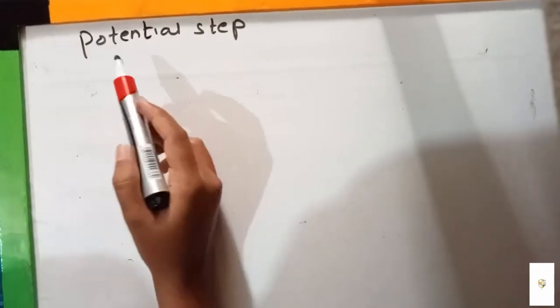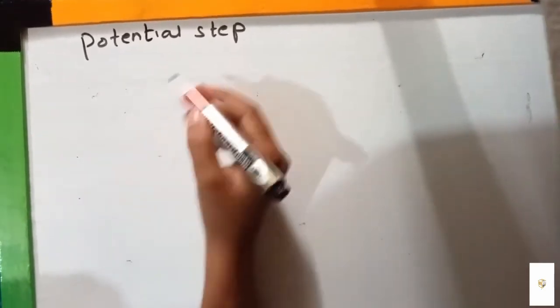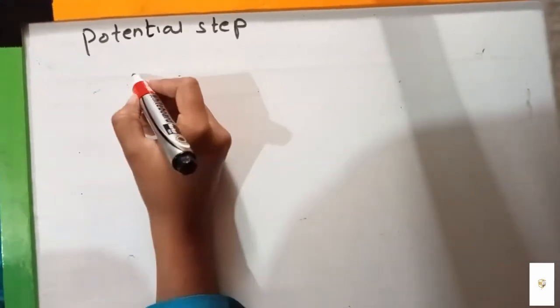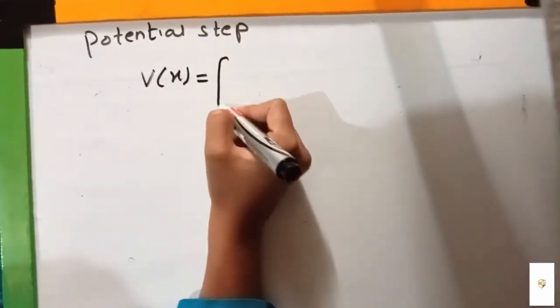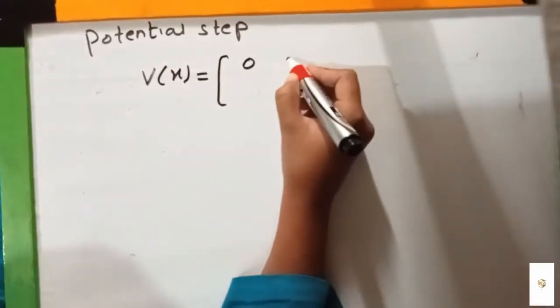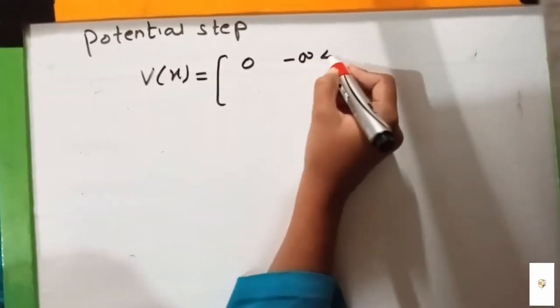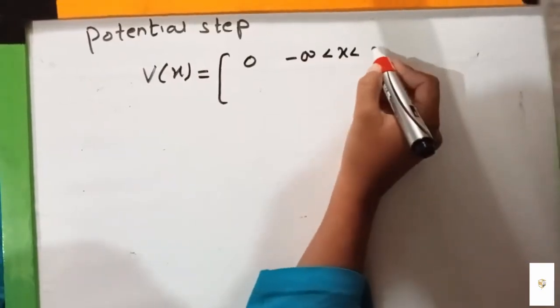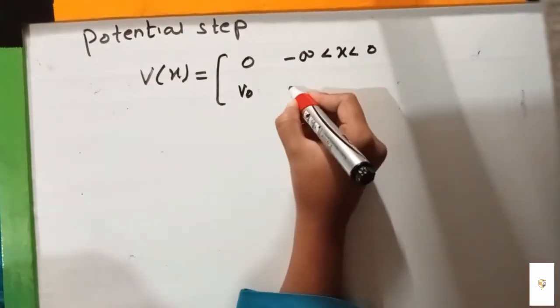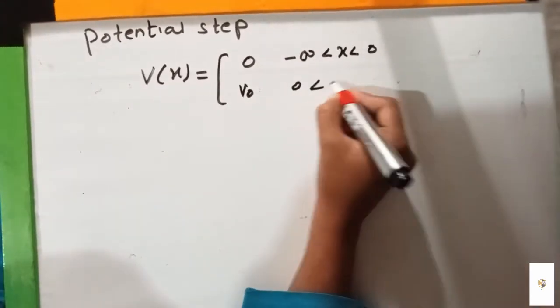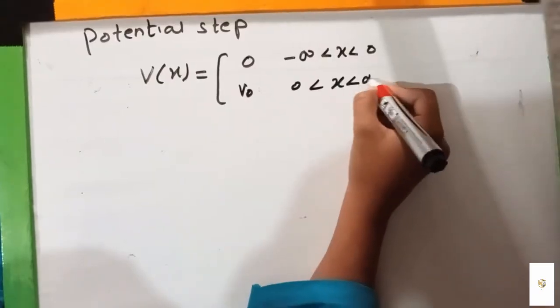In this video we will do potential steps. For a potential step, potential energy is equal to 0 from minus infinity to 0, and it is equal to V0 from 0 to infinity.